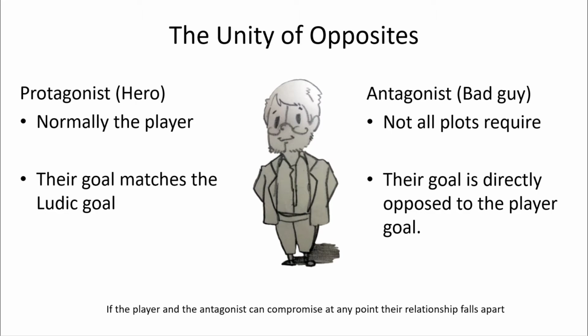Now, if the player and the antagonist can compromise at any point, this relationship falls apart. If they can just sort of sit down and go, hey, you know what, you've got some fine points there, I think I'll change my behavior, thanks, goodbye, suddenly we no longer have the conflict that is moving the narrative forward. So we have removed the difficulty in getting to the goal.